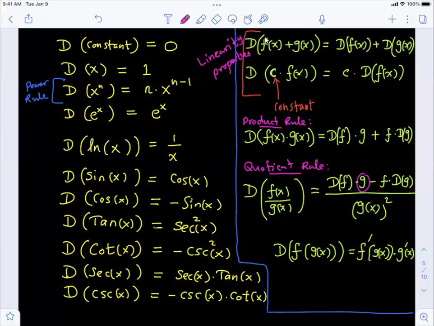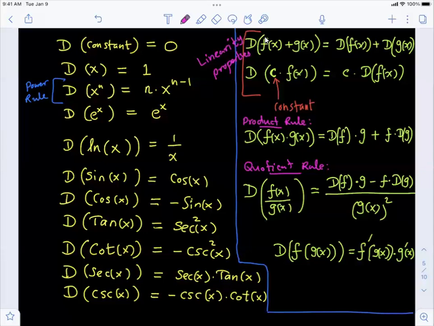Multiply it by the original second function, and then original first function multiplied by the derivative of the bottom function, and the whole thing is divided by the square, just the innocent square of the bottom function. It has no calculus. Just grab the function and put a square on top of that. If it is just x, you're going to write x square. If it is x plus 1, you're going to write x plus 1 in parentheses and put a square, just square, right? It is that simple.